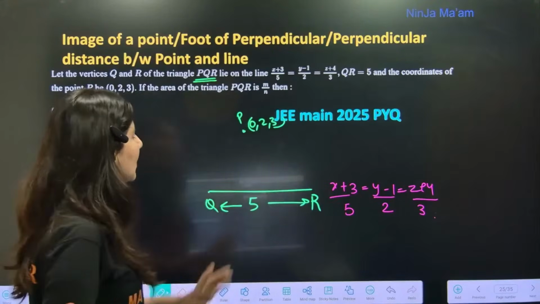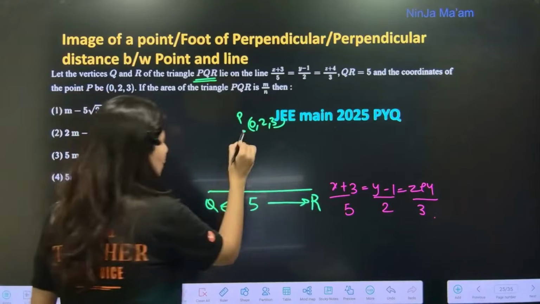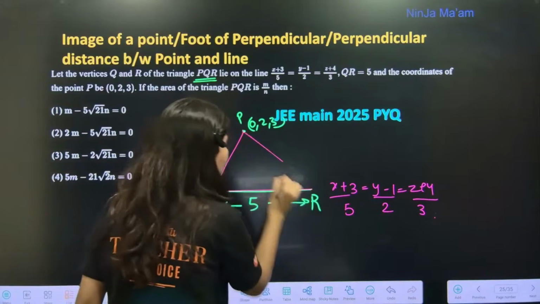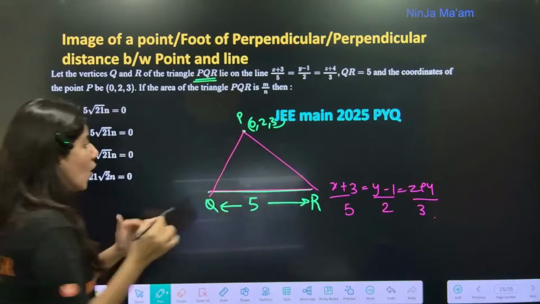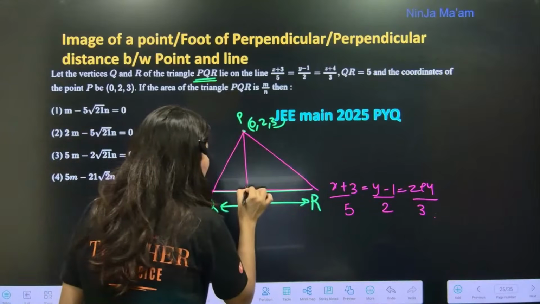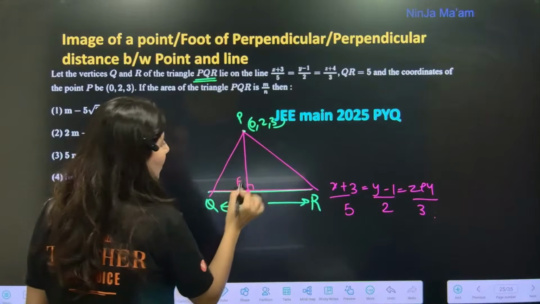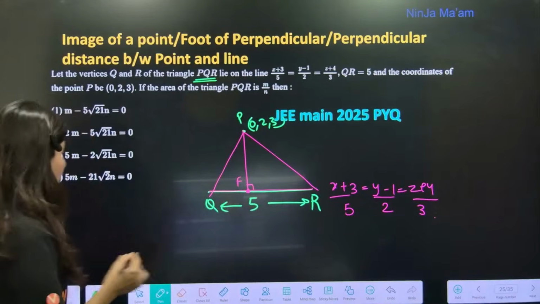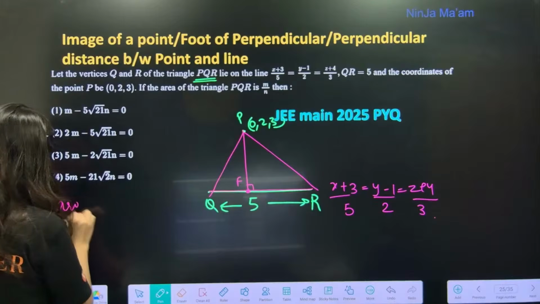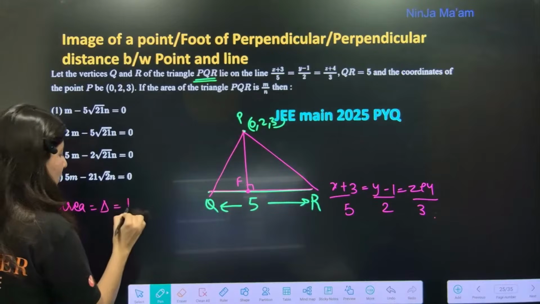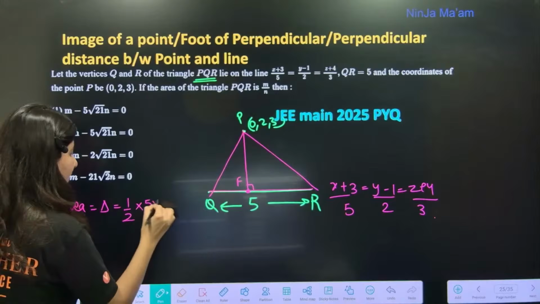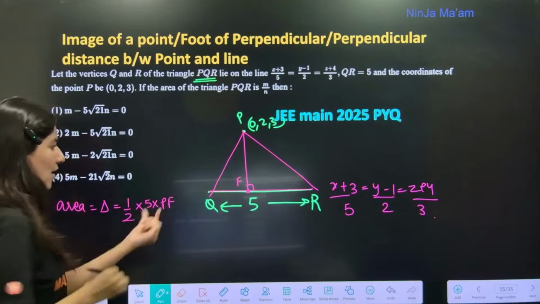Now area of triangle they are looking for. Tell me, if you have a triangle and you have length of its base, all you are looking for is the height. And actually height is nothing but you are looking for PF distance. Okay, so area will be what? Area is equals to delta is equals to half into 5 into PF. So you are looking for PF.